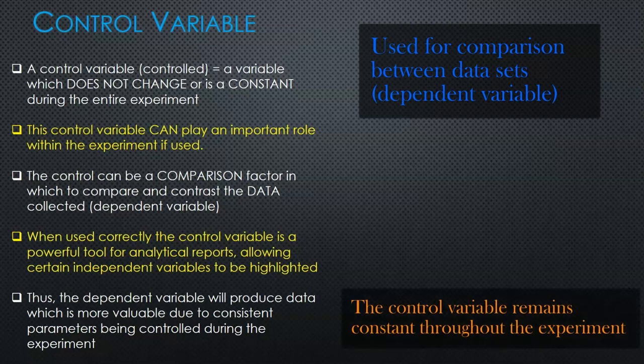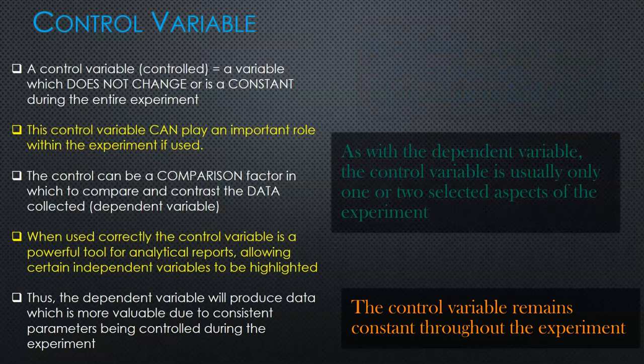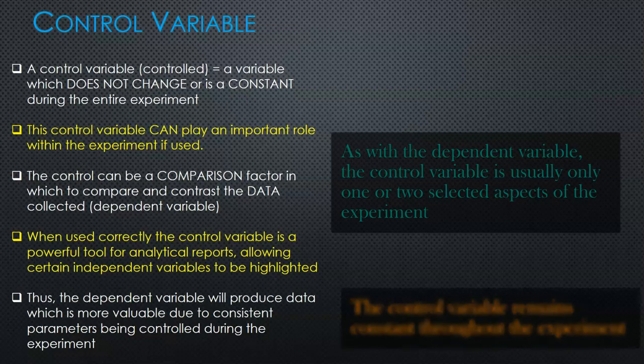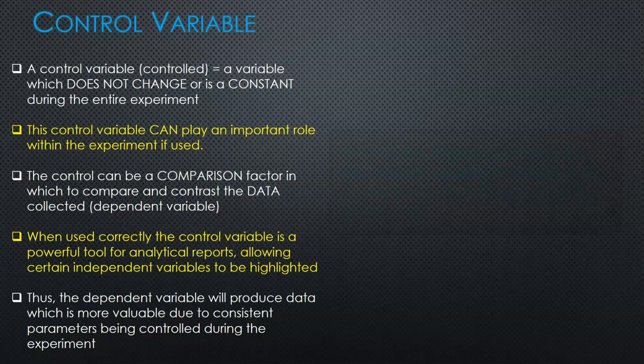So you can bring in the stats and the math to your analysis and conclusion when you have a control variable, whereby you can see a difference in the dependent variable, the data that comes out of the experiment, when you have two different ones, one with control and one without. So it's used by scientists as an easy form of relating information against each other and comparing.